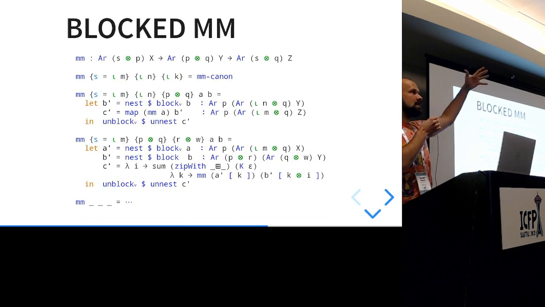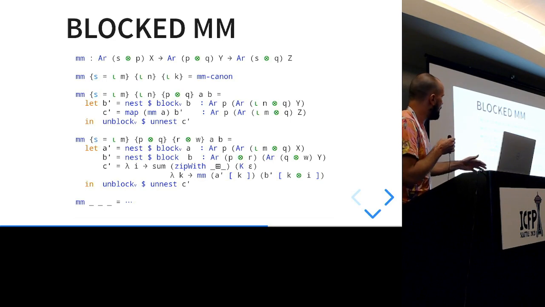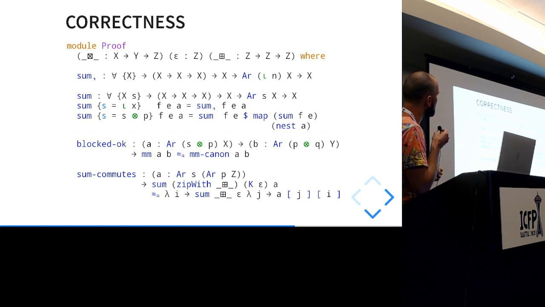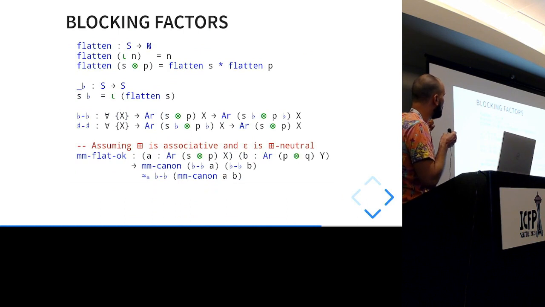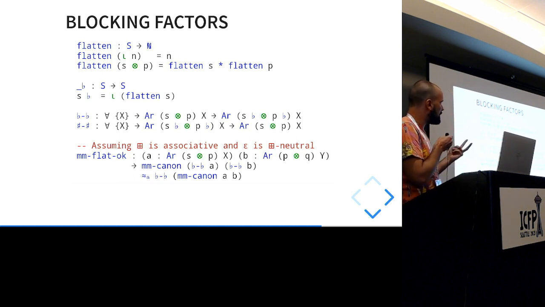So if you've chosen the decomposition of your matrices into subblocks, then this thing very simply computes the same results as the other one. Now, if you actually want to compare the matrix multiplication on the truly two-dimensional array, or array of rank 2, and the blocked matrix multiplication where you have a larger shape, then we'll have to require certain properties like associativity and neutrality of the neutral element.